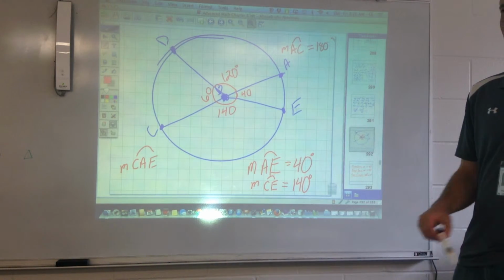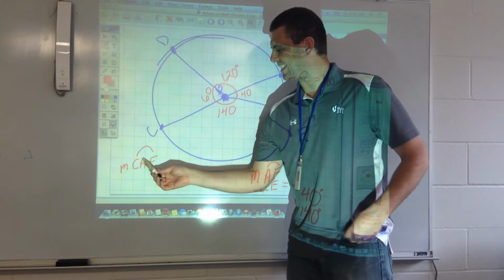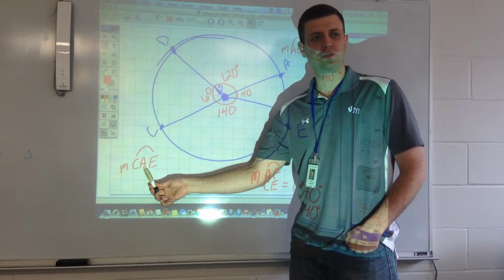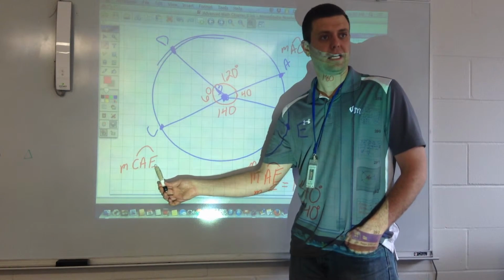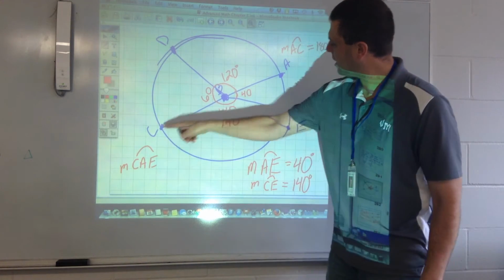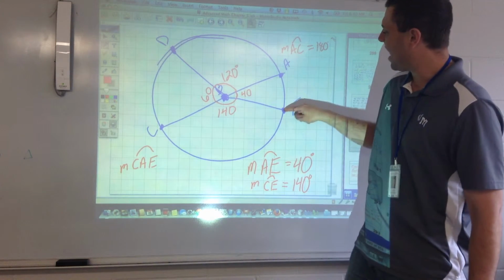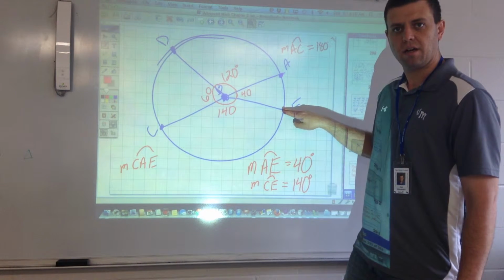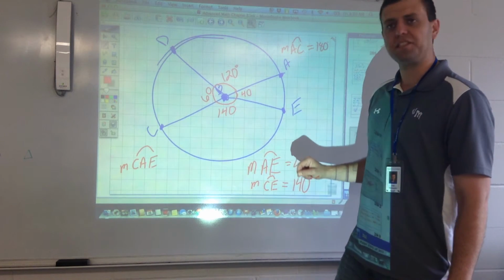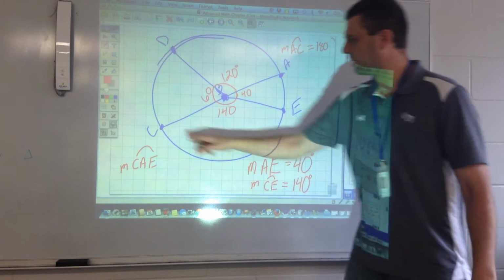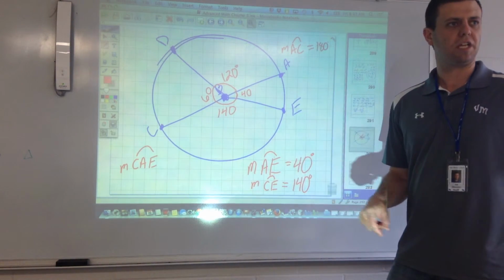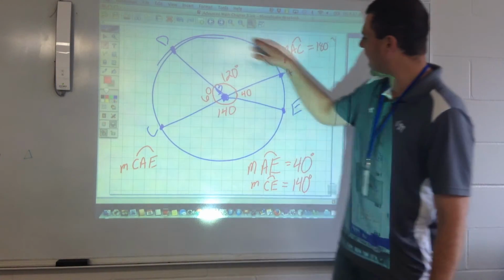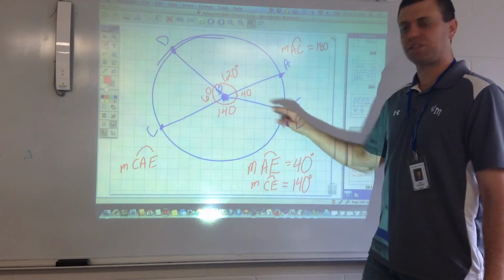Here's why. The measure of arc CAE is an arc that starts at C, must pass through point A, and end at E. So I go from C to A to E. I can't call that arc CE because arc CE is the most direct route from C to E. Arc CE is 140 degrees, but arc CAE is all of those arcs added together.